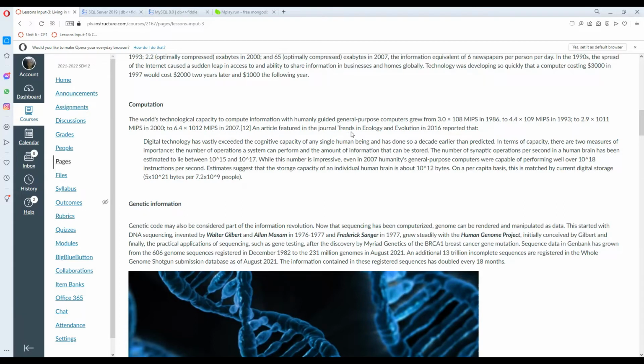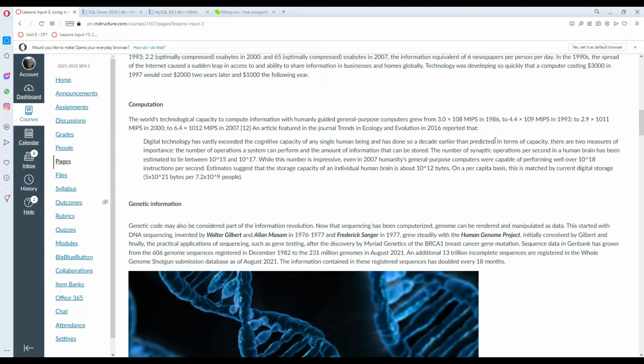An article featured in the journal Trends in Ecology and Evolution in 2016 reported that digital technology has vastly exceeded the cognitive capacity of any single human being, and has done so a decade earlier than predicted. In terms of capacity, there are two measures of importance: the number of operations a system can perform and the amount of information that can be stored.